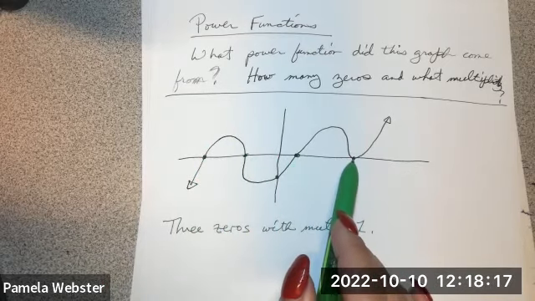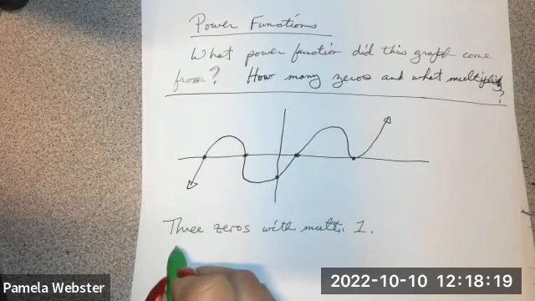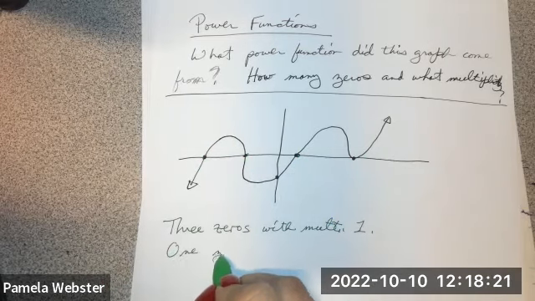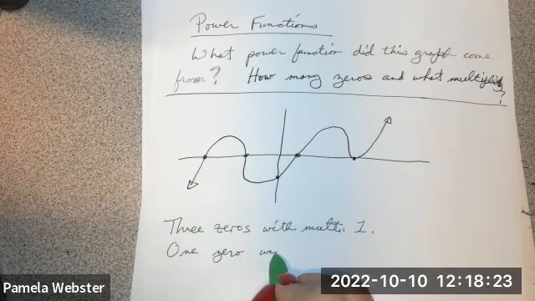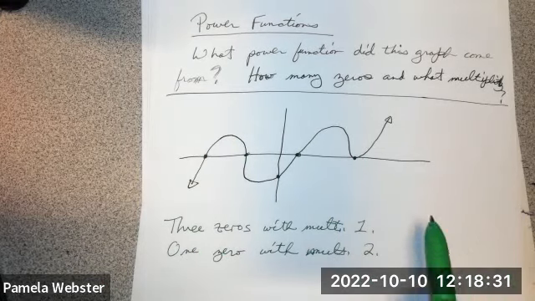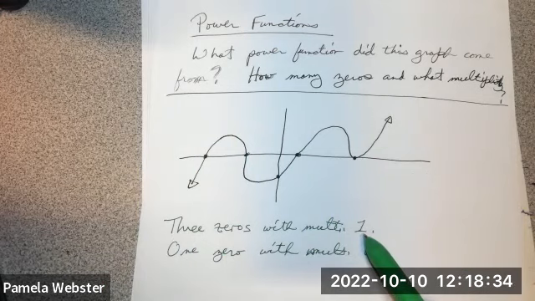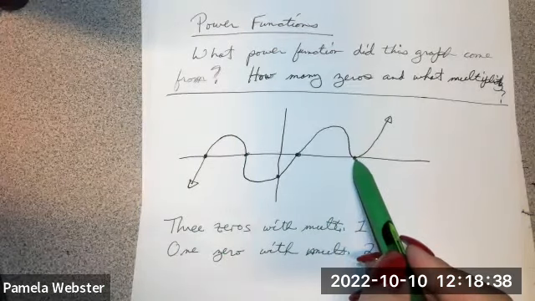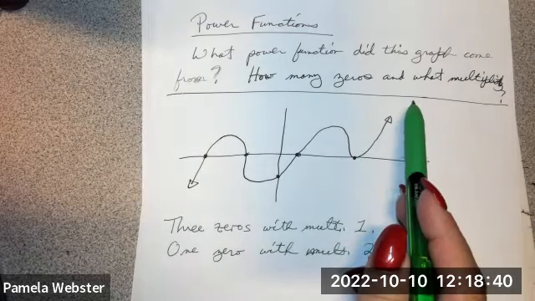But this guy is also a 0, but it has multiplicity of 2. We know that because it comes down and it just barely hits the x-axis and then it bounces off.